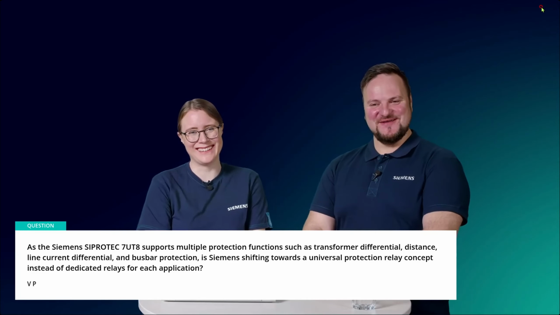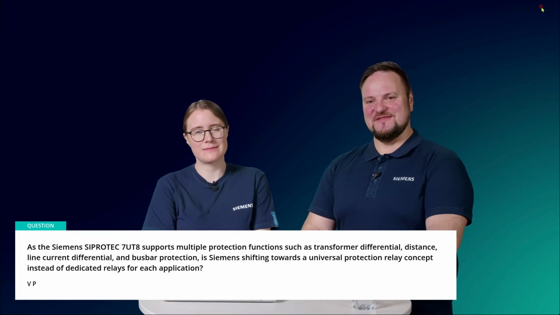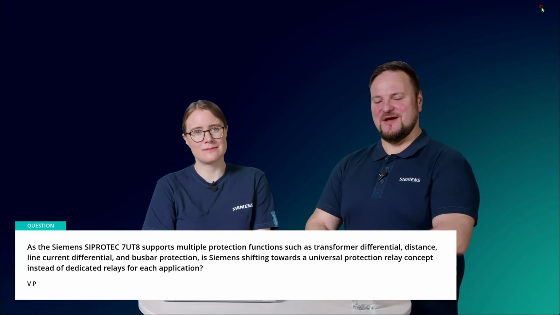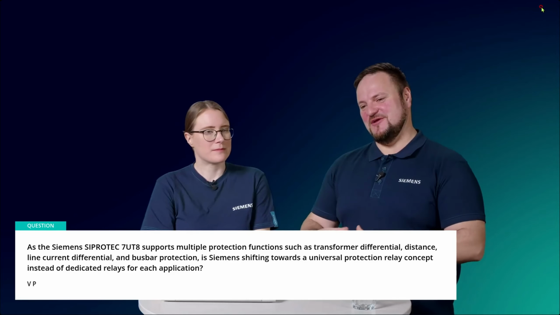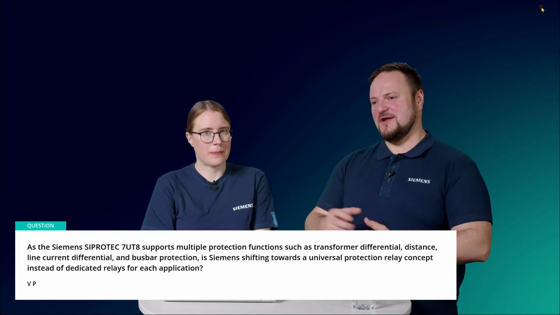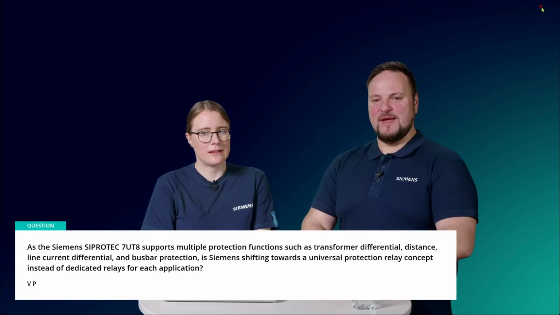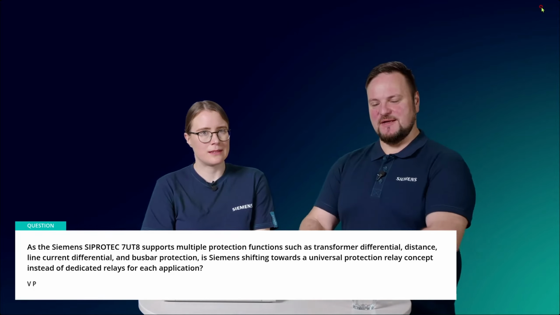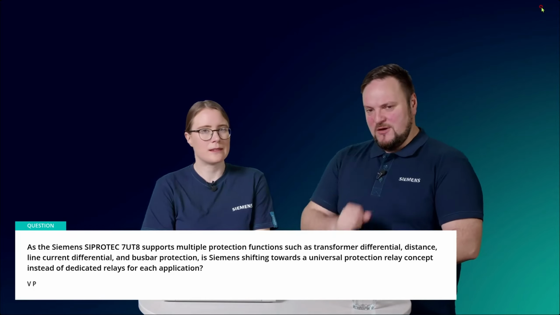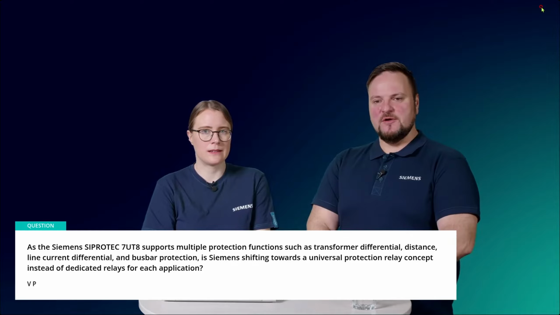Okay, we can say the 7UT was the first universal device, because the 7UT is on electrical equipment which has a lot of boundaries to other protection systems. On one hand we have the differential protection for the transformer, on the other hand we have, for example, distance protection, line differential protection, and so on.